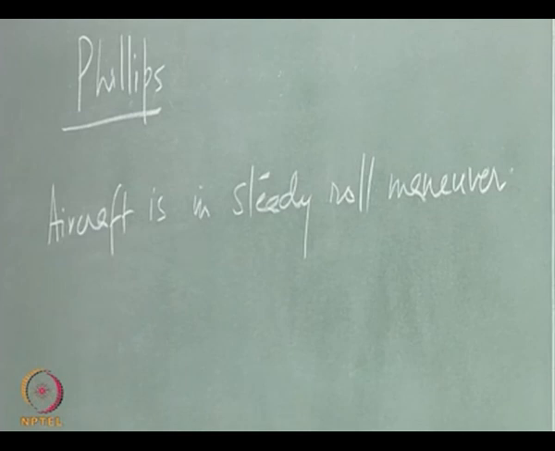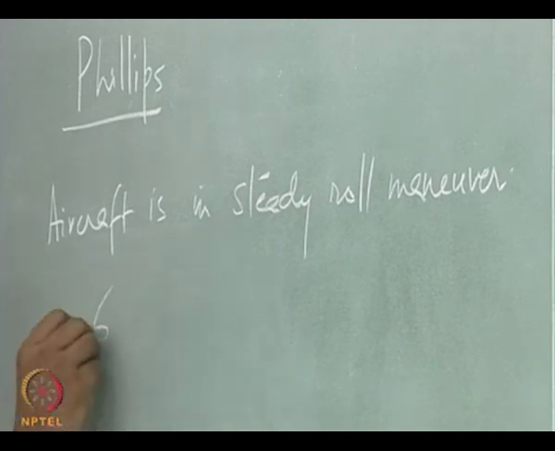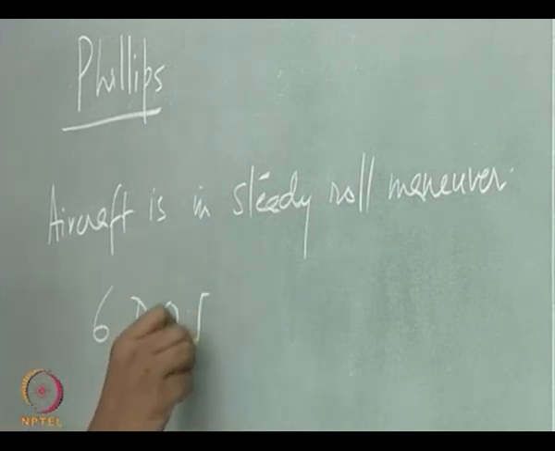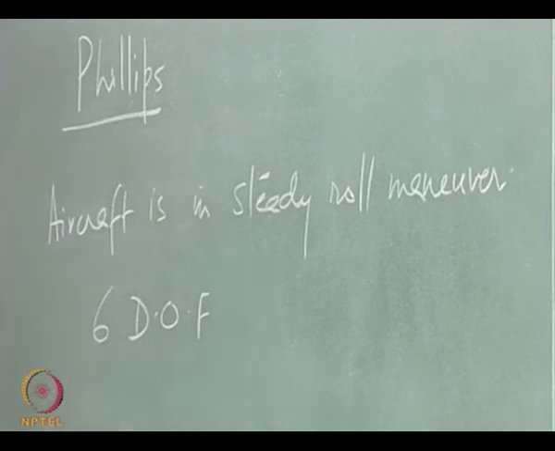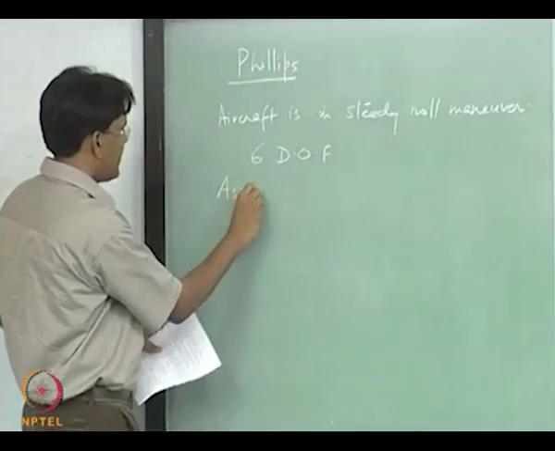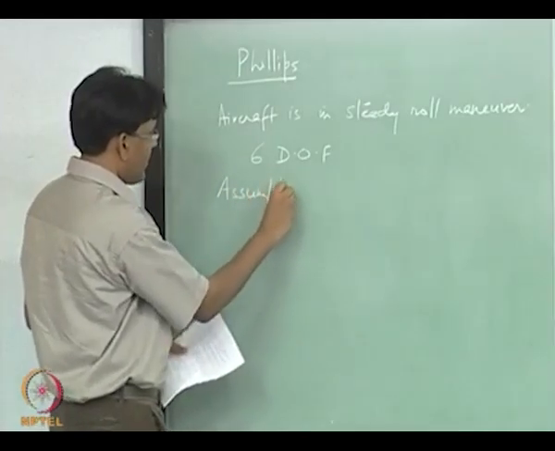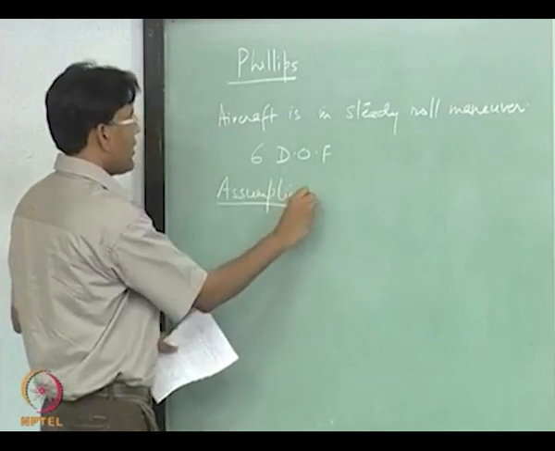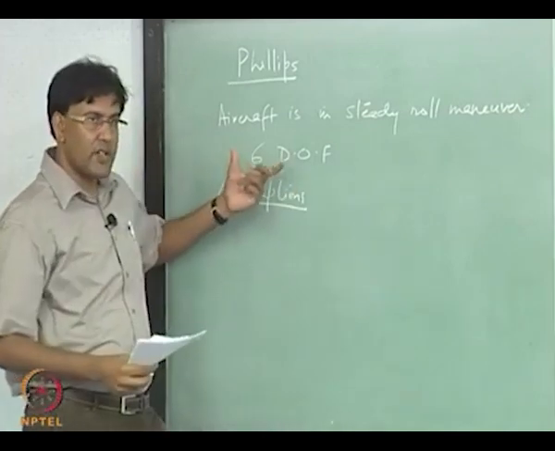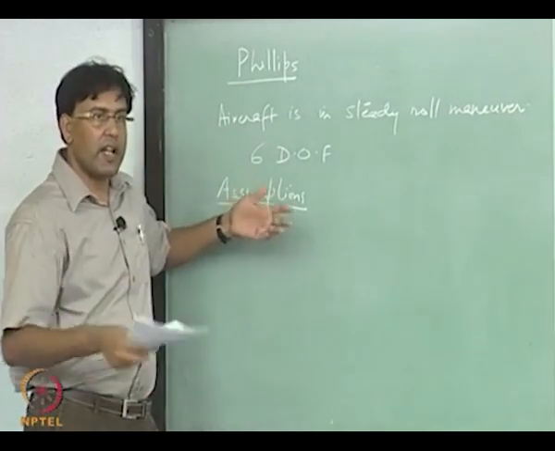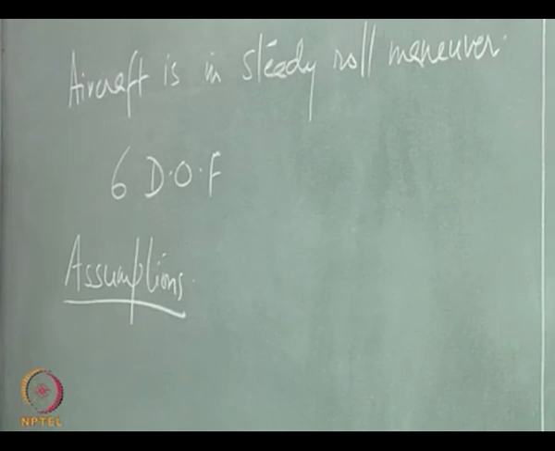So rates are involved here, and the equations of motion are coupled. So you start with the 6 degree of freedom equations of motion, and after making some more assumptions, now what you will do is you will take this aircraft equations of motion and then linearize the equations, right.